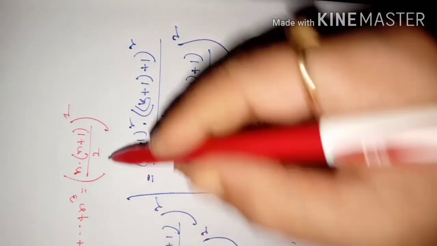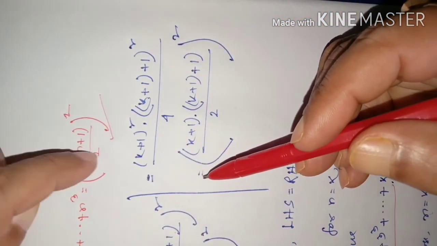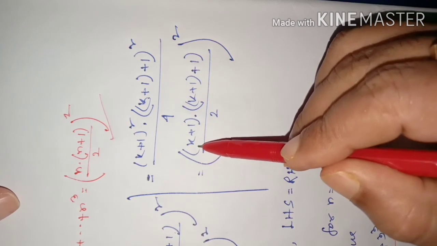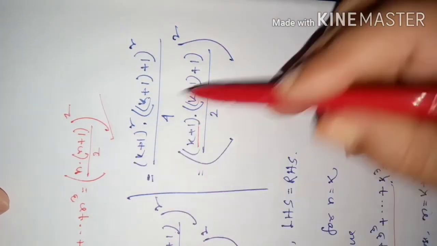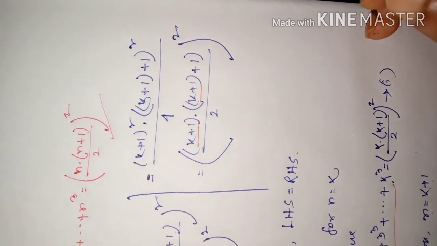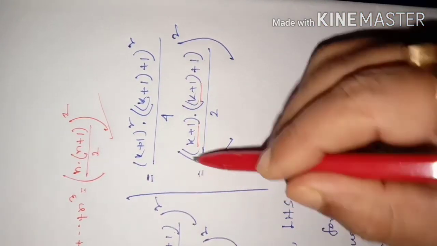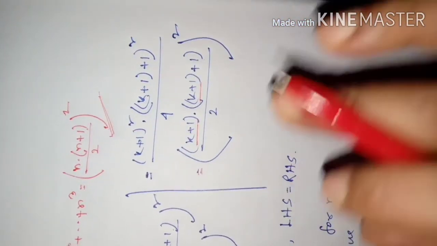Exactly this expression. Just you see, here it was n into n plus 1 the whole by 2 whole square. Now n's place is taken by k plus 1. The remaining things are just similar, exactly like this. So when you can arrive at just similar to this expression, then you can say the whole statement is true.